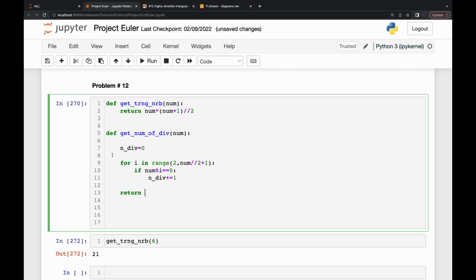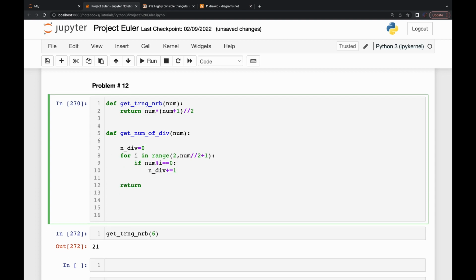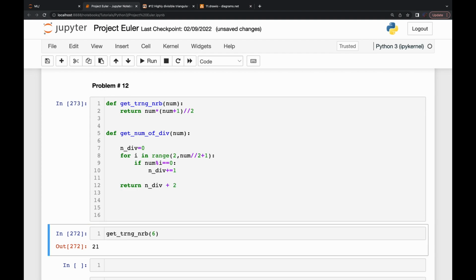But in this way, we are not considering the first number and the end number. So for 28 we will not consider 1 and 28 with this, but we actually want to consider them as per the definition. So there will always be 2 extra, and we'll return number of divisor plus 2. That should do our job.